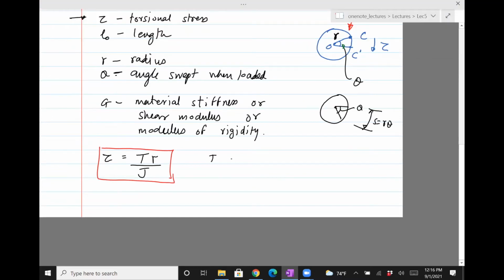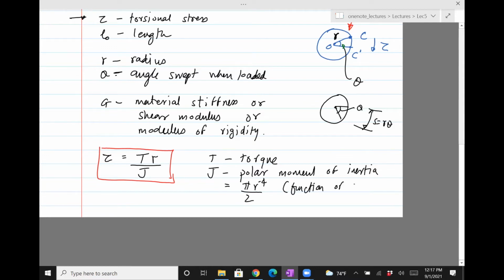T is the torque, J is the polar moment of inertia, so the second moment of area of the cross section. It is actually a function of only the geometry of the cross section. In this case, it's a circular cross section, so the formula is pi r raised to 4 divided by 2.